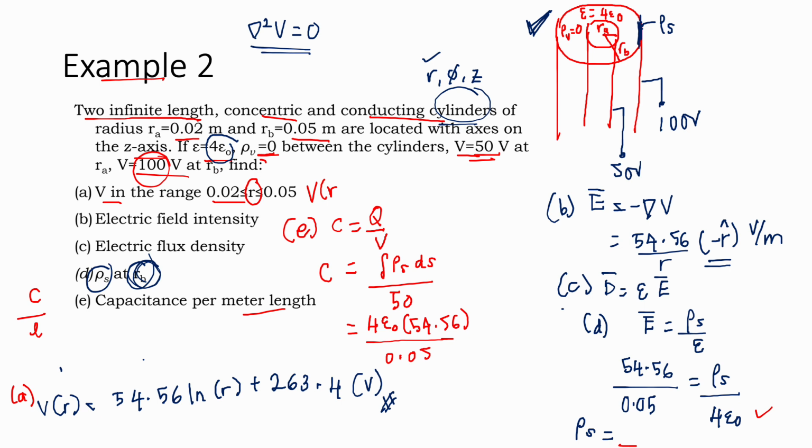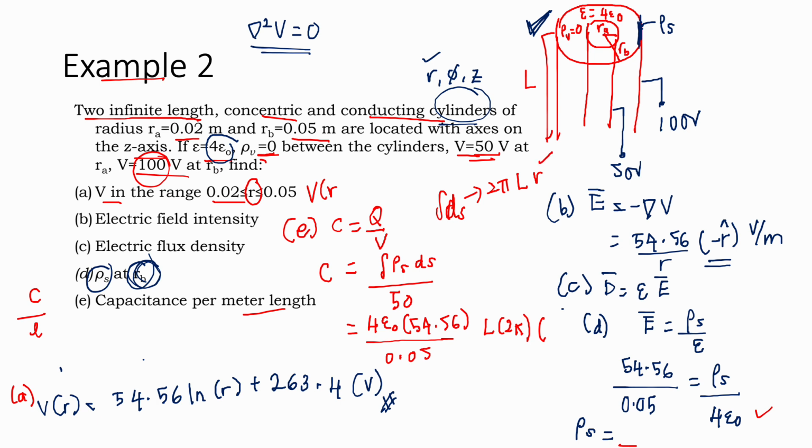The integration of dS for a cylinder is going to be 2 pi L r, where L is the length of the cylinder. We assume the length is L because we don't know the value here.